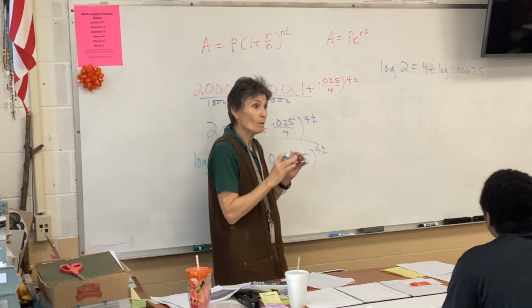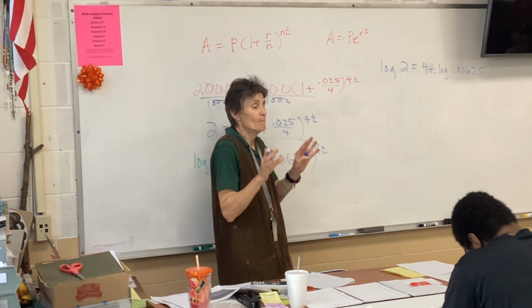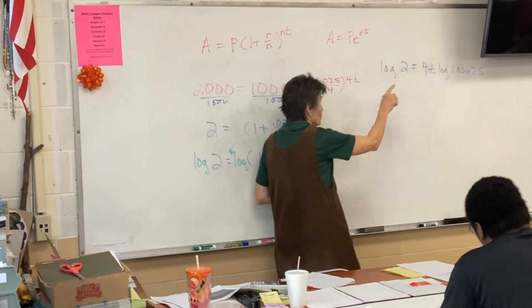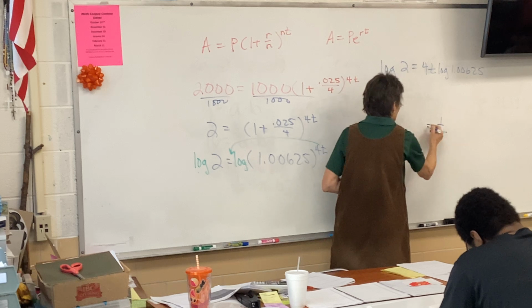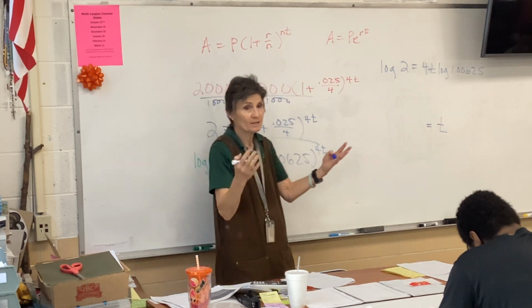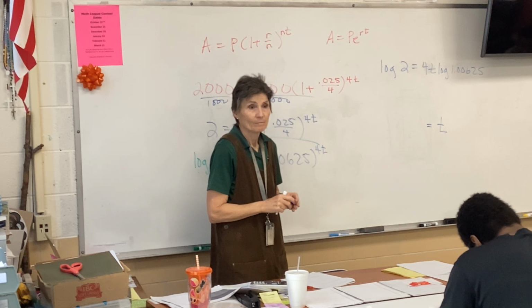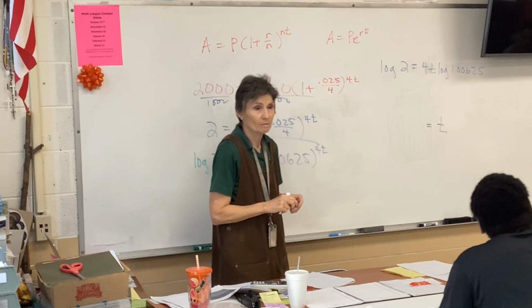Again, these equations are going to look complicated and yucky. But remember, you're solving for t. So you just gotta do what you need to do to get t by itself. So what do you think we need to do?